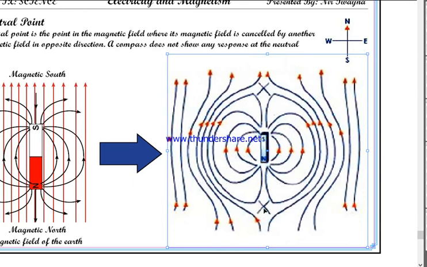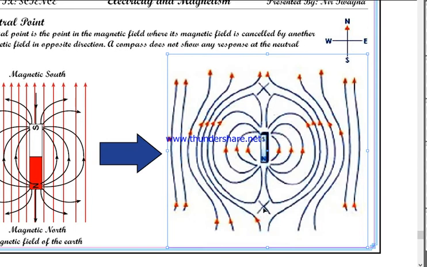At this point, both the magnetic fields are moving upward, so there is no cancellation of magnetic field. Okay, both are moving upward, but at this particular point, the magnetic field of earth is moving upward and that of the magnet is moving downward.